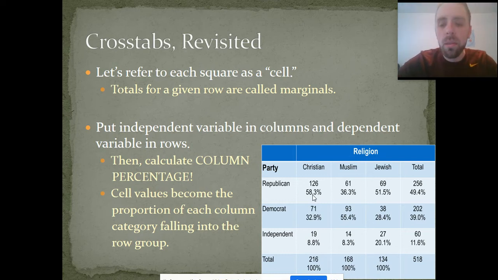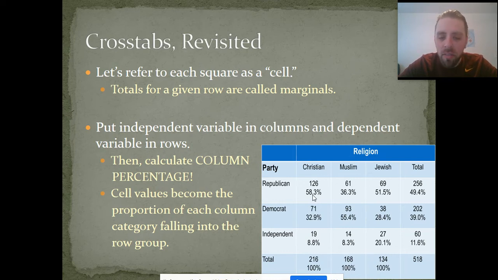So 36.3% of Muslims are Republican, 55.4% of Muslims are Democrat, and 8.3% of Muslims are independent. And finally, for the last column, 51.5% of Jews are Republican, 28.4% of Jews are Democrat, and 20.1% of Jewish voters are independent.